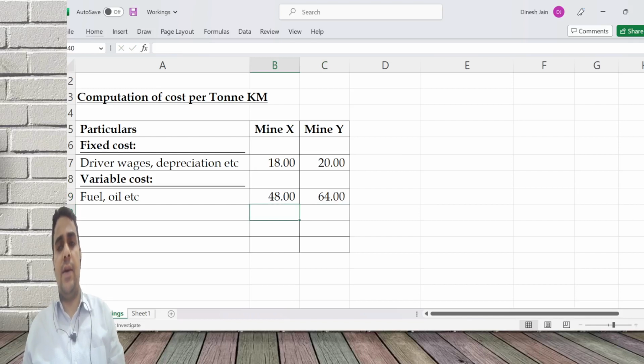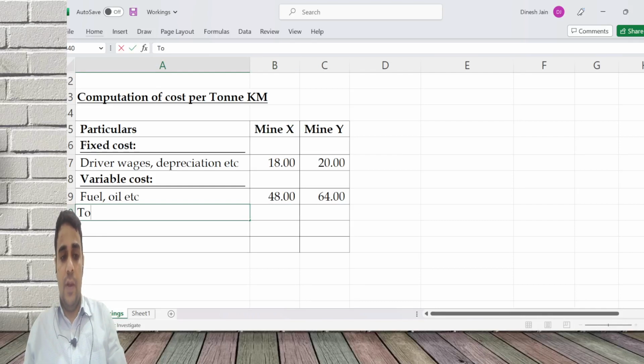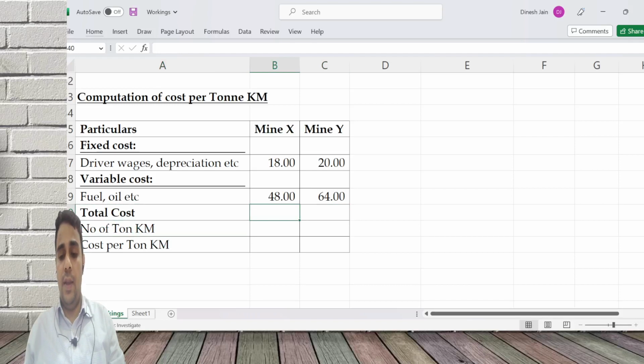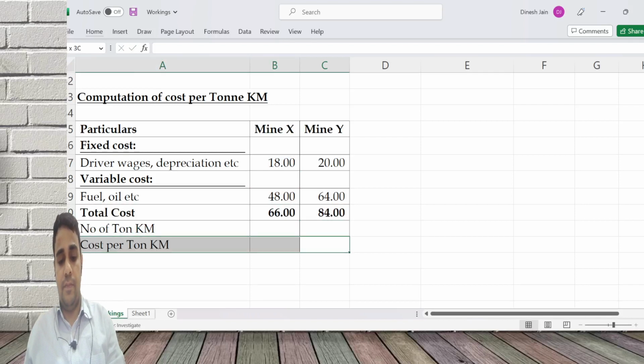Mine X is nearer, mine Y is a little far. Then total cost, number of ton kilometers and cost per ton kilometer. So 66 and 84.